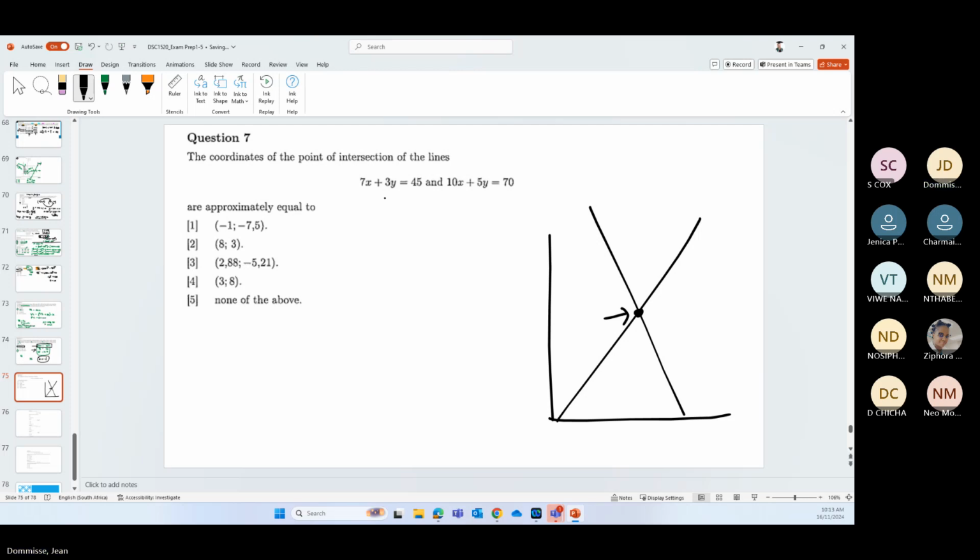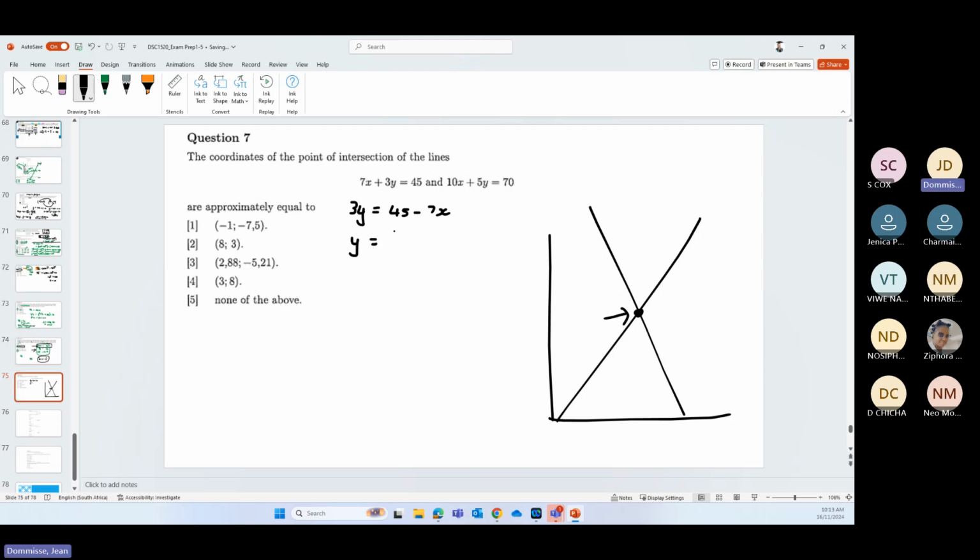So this one you can solve two ways. The traditional way is to say 3y is equal to 45 minus 7x. So we make it a straight line.